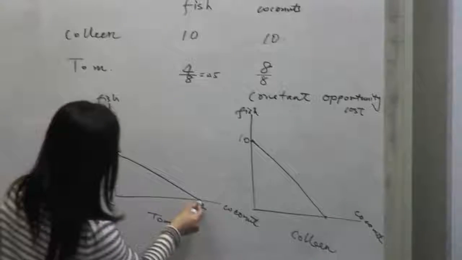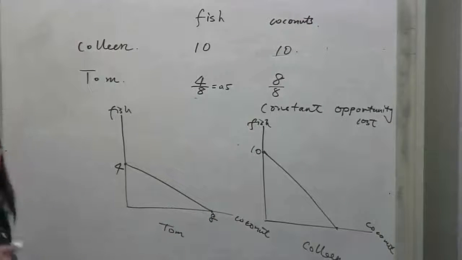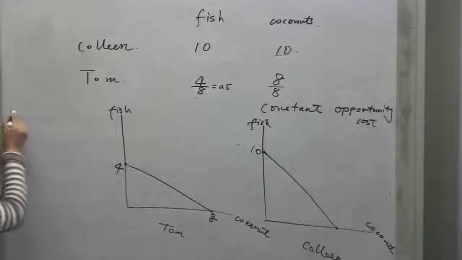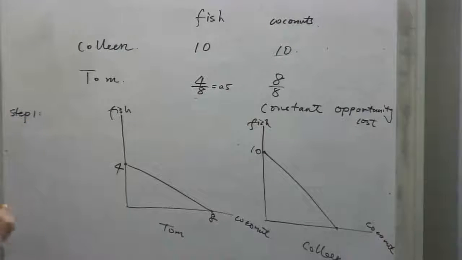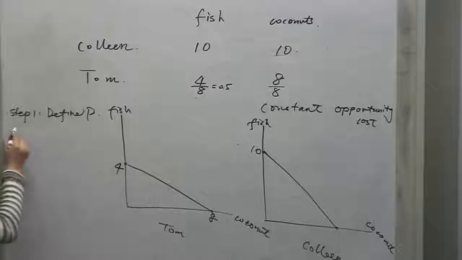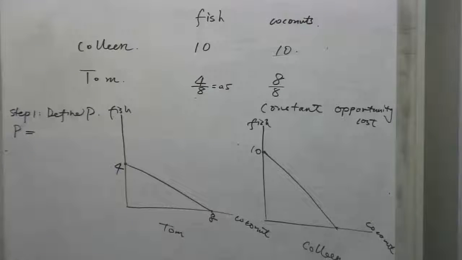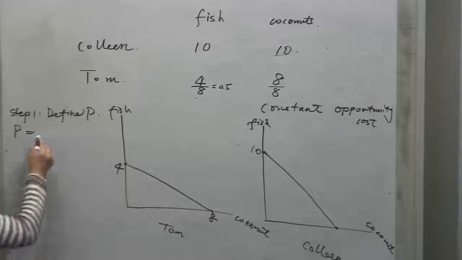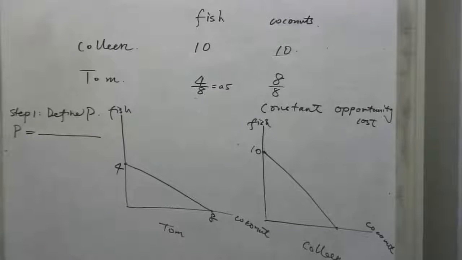All right. So when we look for the price of exchange, step 1, we have to define the price of exchange. We define the price of exchange as equal to, anybody remember this?